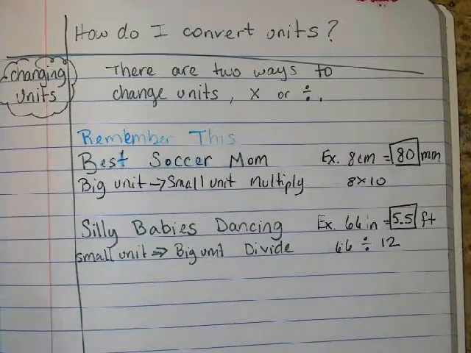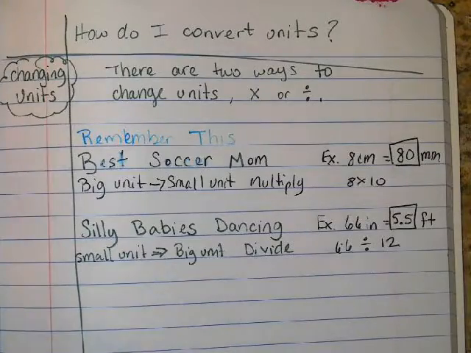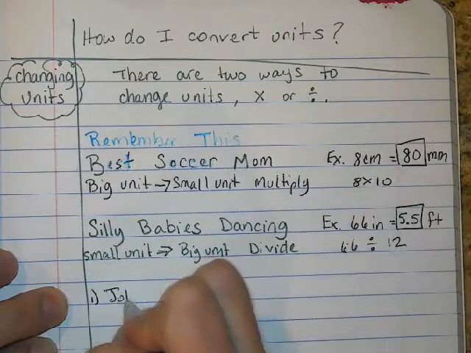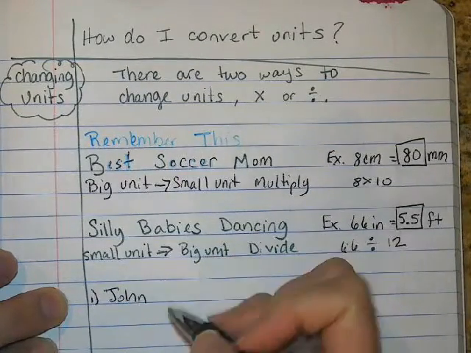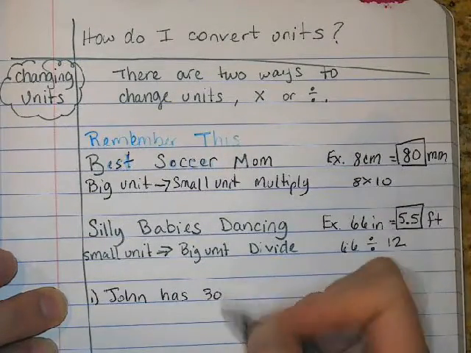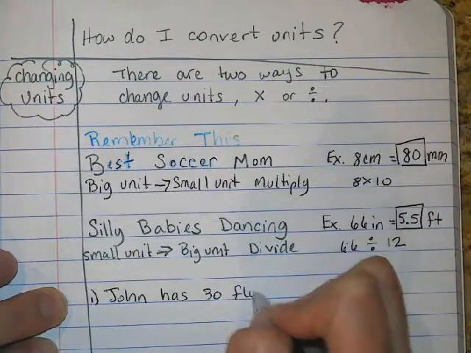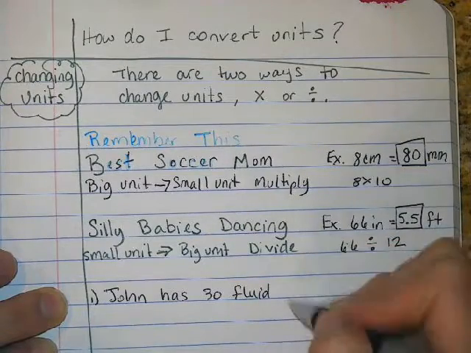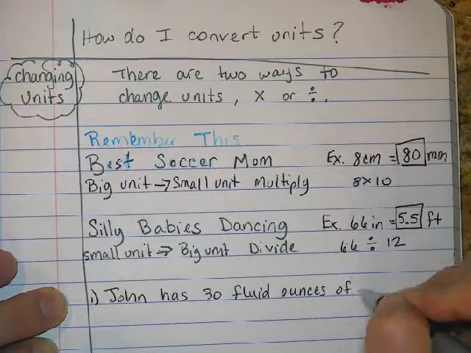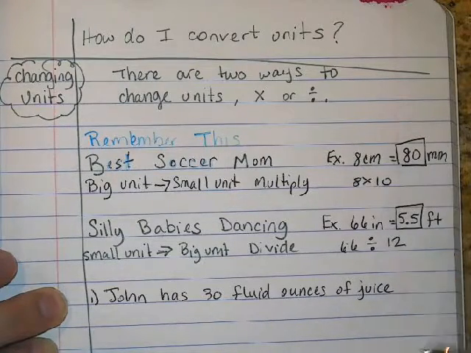Okay, so we're going to take a look at some word problems, some examples here. Let's say John has, and yes, please write this, John has 30 fluid ounces of juice.